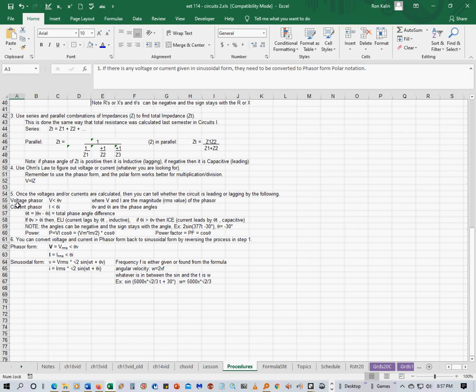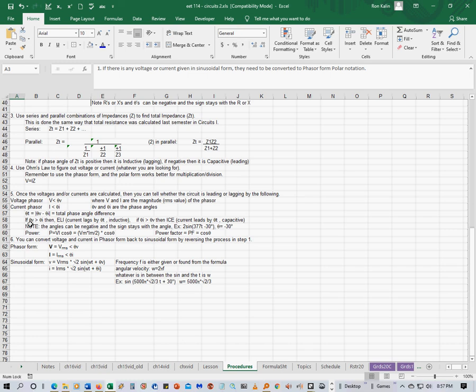The voltage phasor equals this, where V and I are the magnitude RMS values of the phasor. The current phasor is equal to this. So theta V and theta I are phase angles. Theta T equals the absolute value of theta V minus theta I, the total phase angle difference.